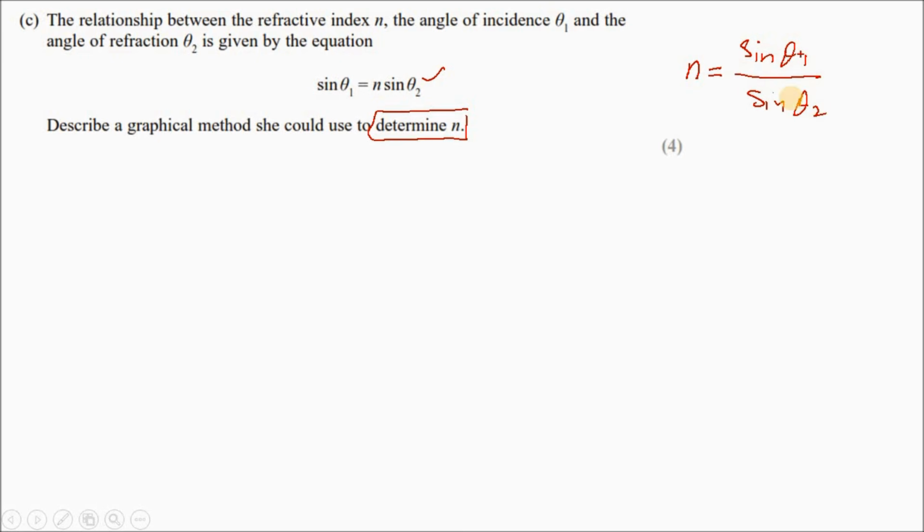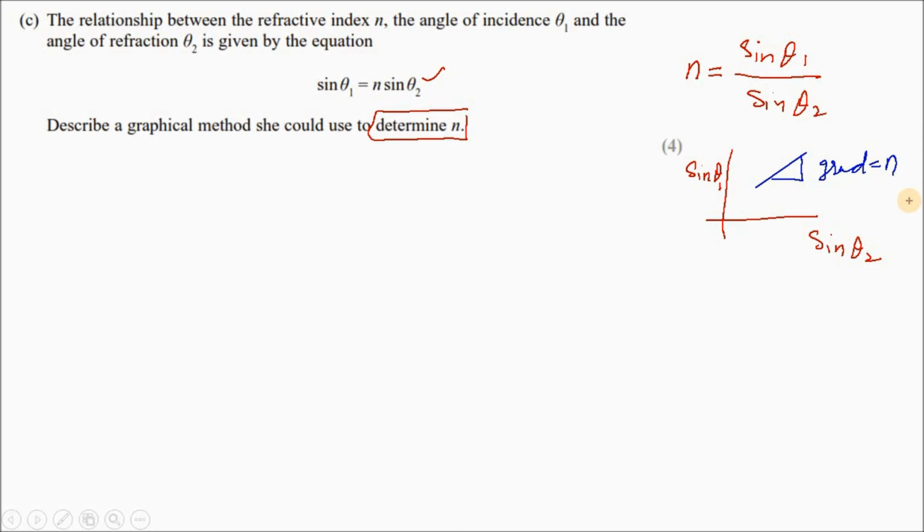Clearly, this equation is showing that if you have a graph between, let's say, sin θ1 on y-axis and sin θ2 on x-axis, you must have a straight line, something like this, and the gradient of this graph should be your refractive index.